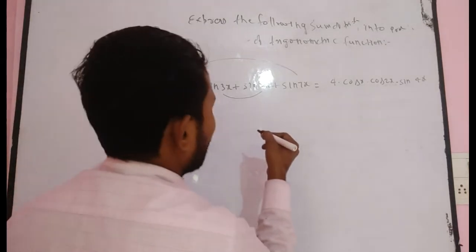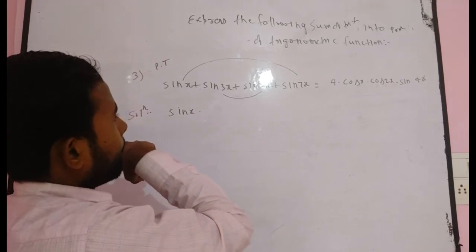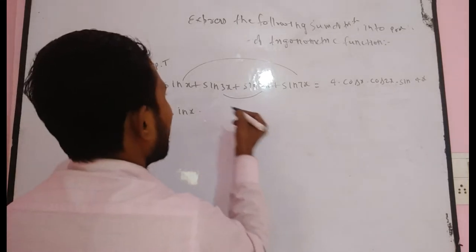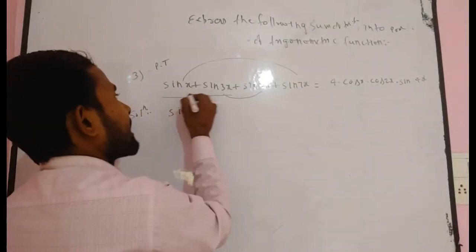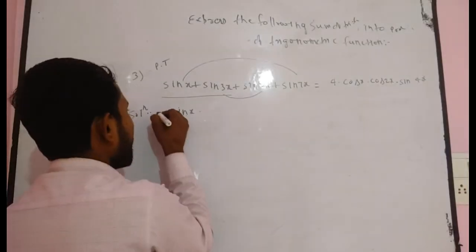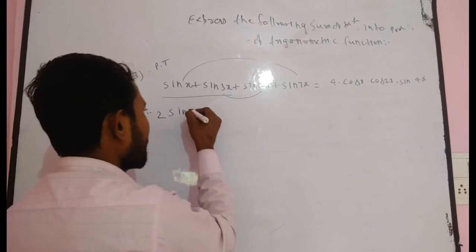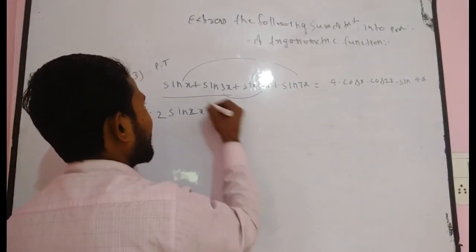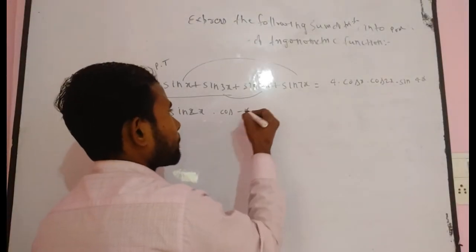sin x into... don't take it like that. You simply write sin c plus sin d here. Then sin c plus sin d is equal to what? 2 sin of c plus d by 2, that means x plus 3x is 4x by 2, that means 2x, into cos of c minus d by 2, that means x minus 3x by 2, that means minus 2x by 2, that means you can write minus x.